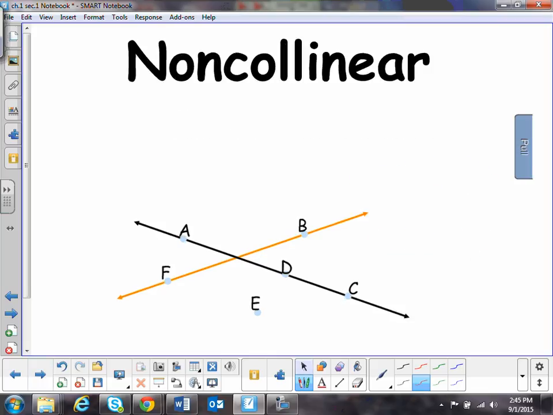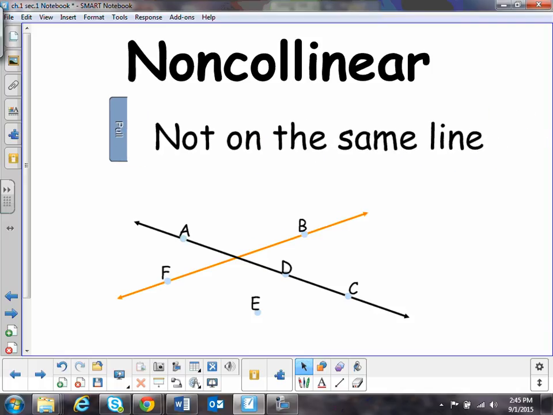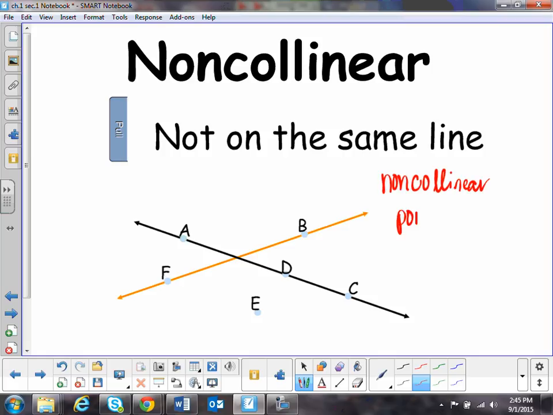So non-collinear would be not on the same line. We'll just name one set of non-collinear points. And you need at least 3. So that's a good note to me.